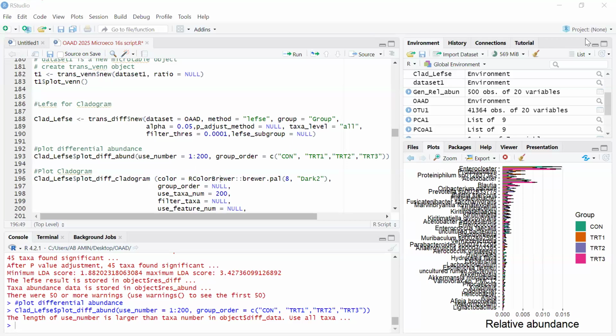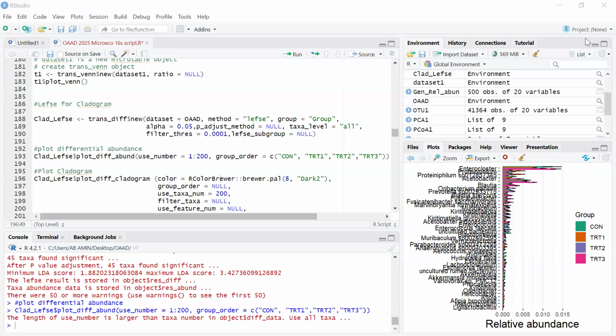So this is just to show the differential abundance between them, though no specific statistical test was carried out, but just to show you the abundance in different groups.